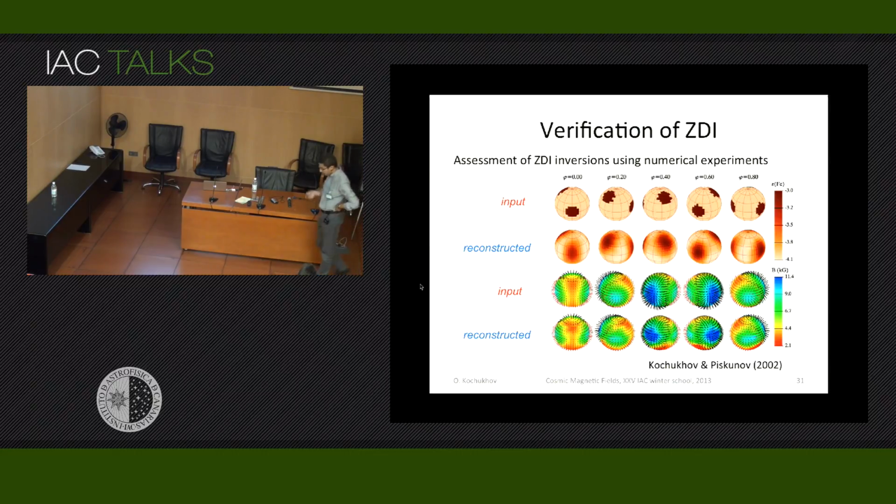Then we simulate observations: we compute forward Stokes parameters, add noise, and then try to reconstruct back and compare these reconstructions with what we put in initially. This is probably the best that we can achieve. These are inversions using all 4 Stokes parameters. As you can see, very good reconstruction. In this case, I considered a global field, something typical for stars more massive than the sun.